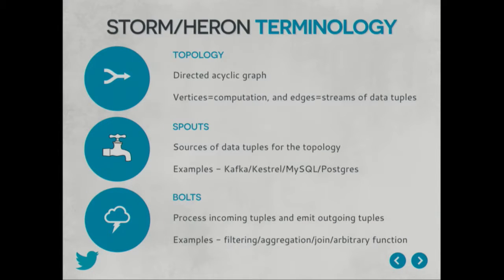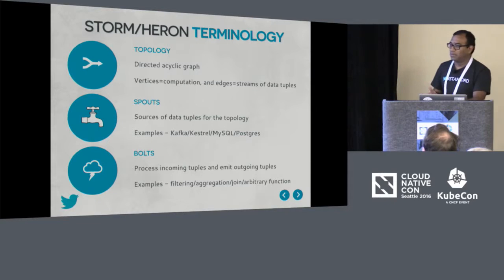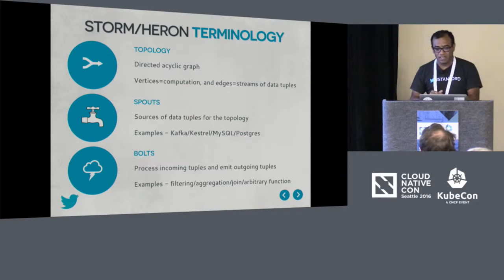A spout is a type of vertex which taps into the data source and injects that data into the topology, which is essentially the real-time job. And bolts are processing elements, in the sense that a bolt takes the incoming tuple, transforms it in whatever way it needs to be done, and emits an outgoing tuple. Some examples include filtering, aggregation, even streaming joins or stream-table joins or stream-service joins.